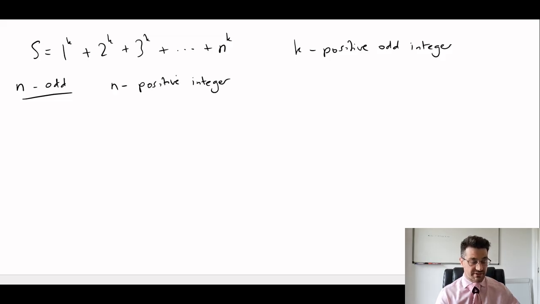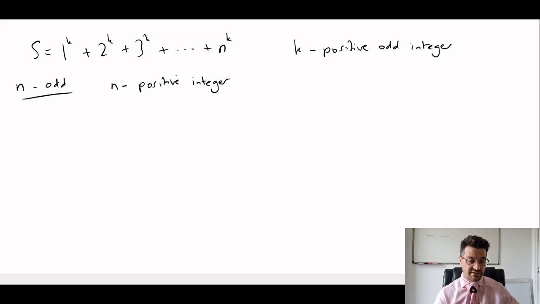So I'm making a note of that because what I'm expecting is that the result that we've just proved, this n minus m to the power of k plus m to the power of k divisible by n, is going to be useful. But remember, there are some conditions under which that divisibility relationship holds.